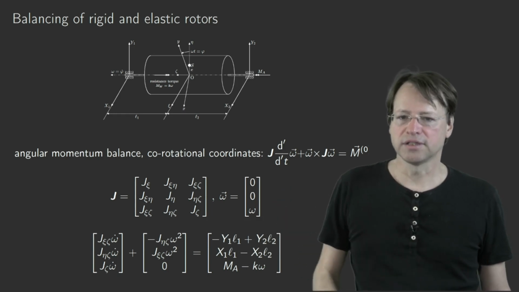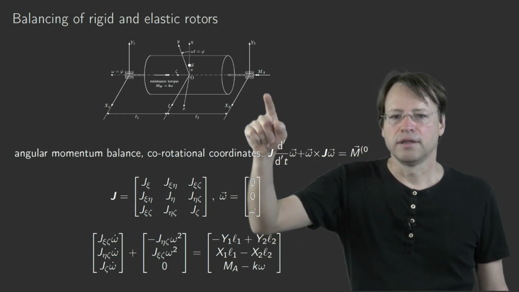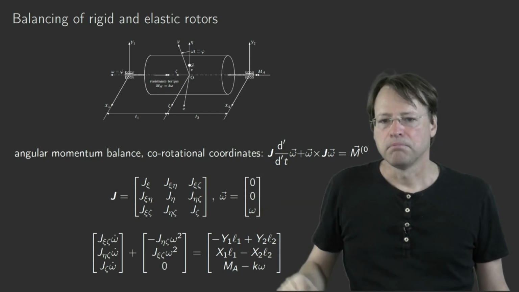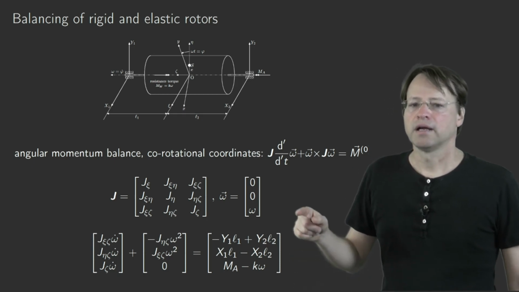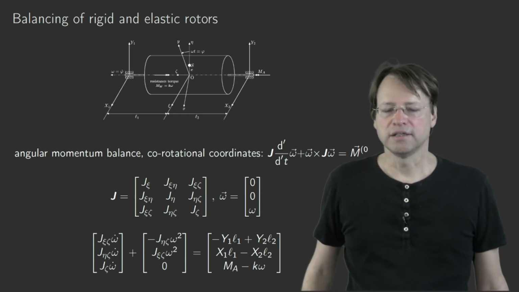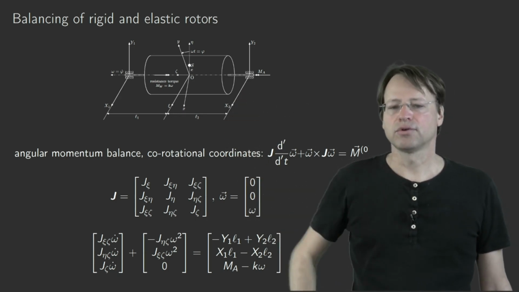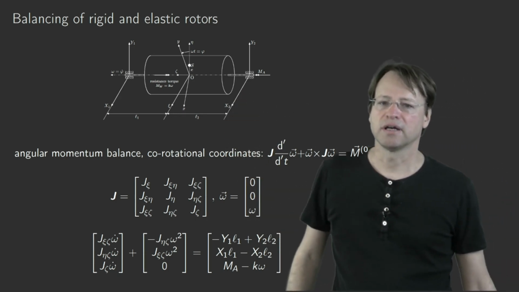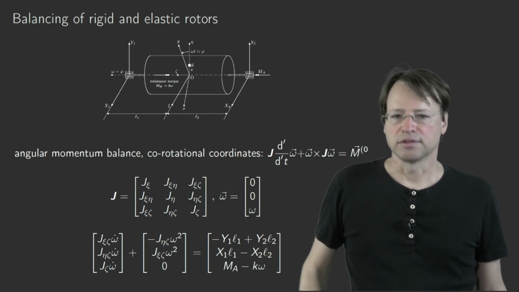When it comes to the right-hand side, in zeta direction, you will find the driving torque minus the resistance torque. And for the other two directions, psi and eta, you will have to take into account, of course, the bearing forces that are multiplied here by the corresponding levers.